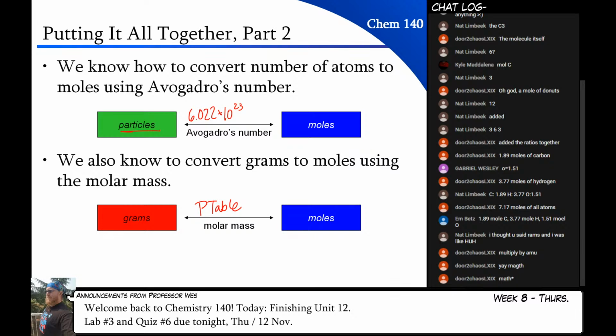But in the previous section that we just covered, we learned that you can turn moles of something into moles of something else. So we'll call this, I don't know, Q or something.